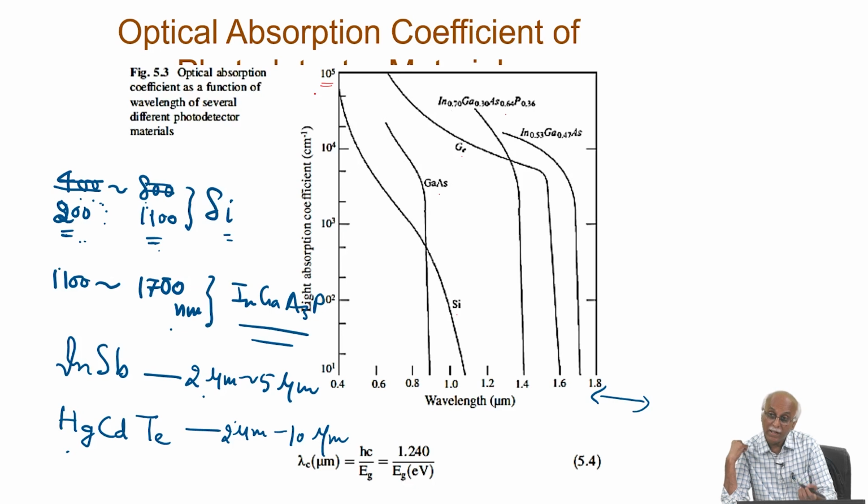What it implies is that the photon will not be able to penetrate too much into silicon; it will get absorbed in a very small thickness layer.